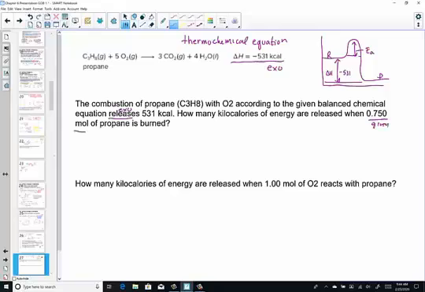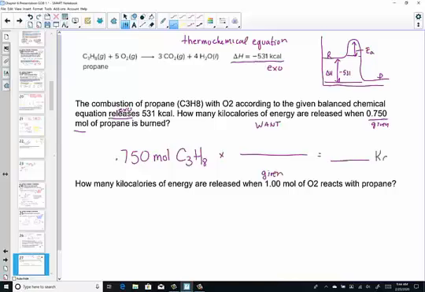We have 0.750 moles of propane. And this is just a conversion of, we've been practicing, what do we want from given? Well, we want to solve for kilocalories given the number of moles of propane.